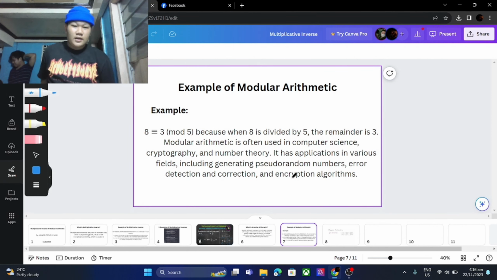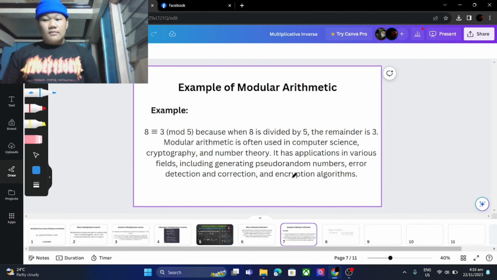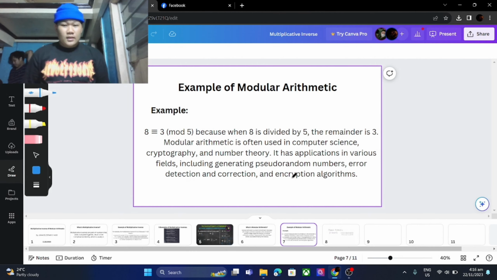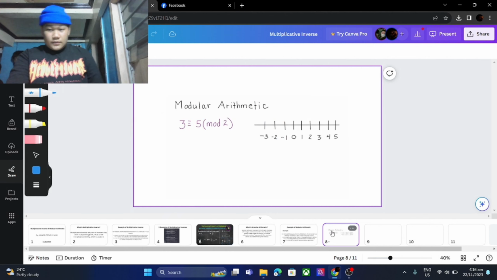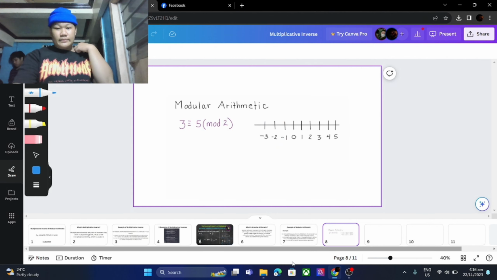Example, 8 congruent 3 mod 5, because when 8 is divided by 5, the remainder is 3. Modular arithmetic is often used in computer science, cryptography, and number theory. It has applications in various fields, including generating pseudo-random numbers, error detection and correction, and encryption algorithm.